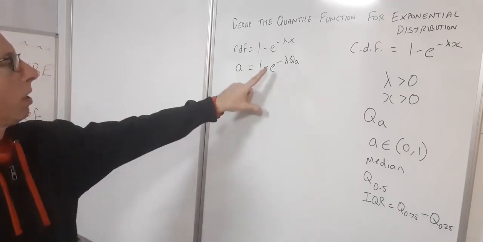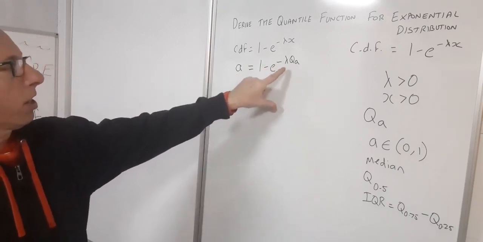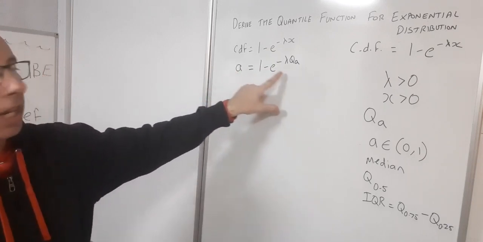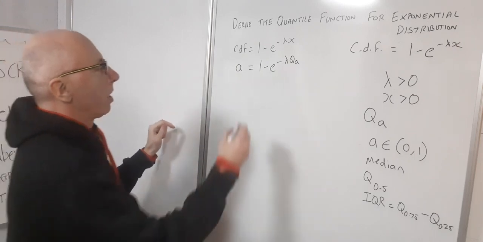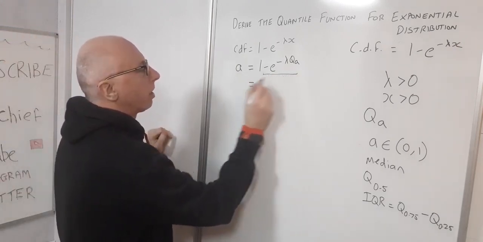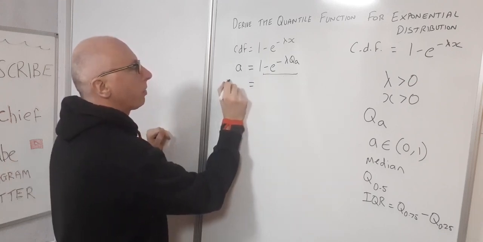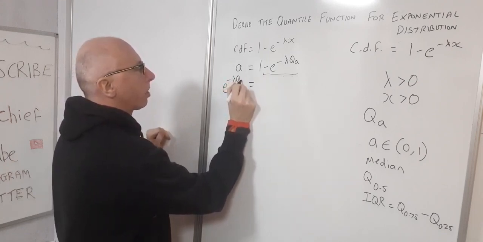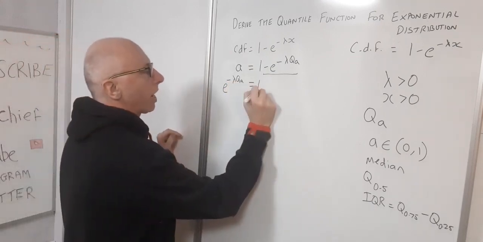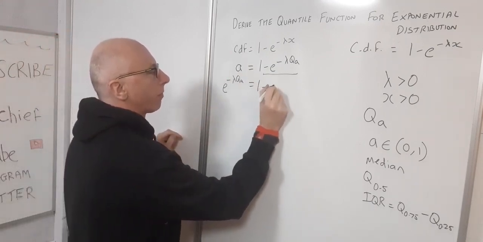Okay, now to get this on its own, first of all, let's bring this exponential function to this side and send the a over to the other side. So we end up with the exponential function of negative lambda Q of a on that side, and then the 1 will stay here, and we subtract a.